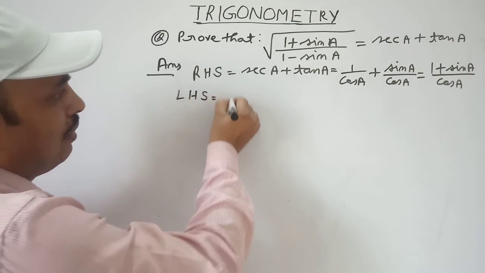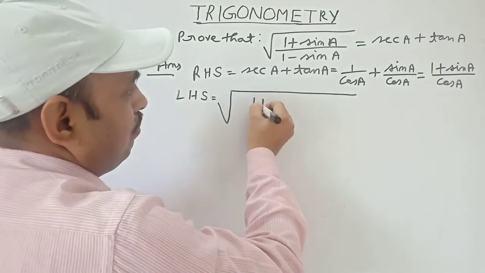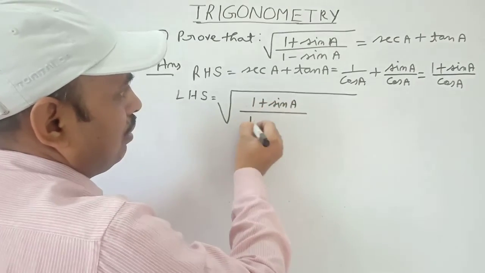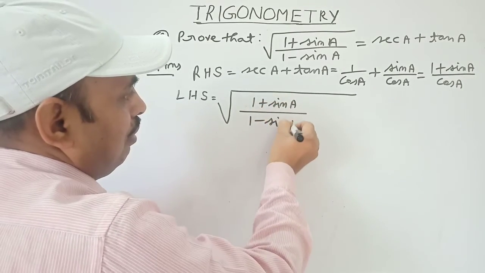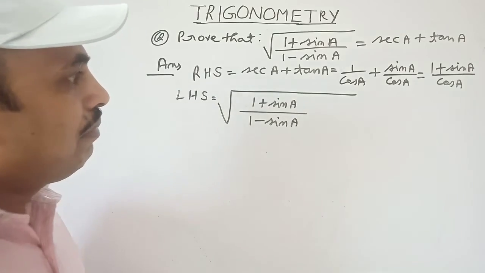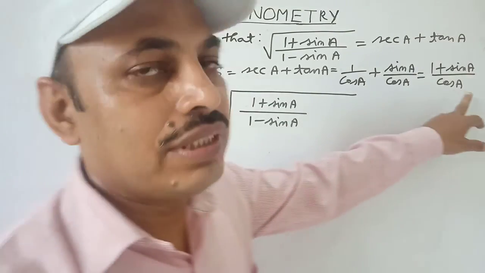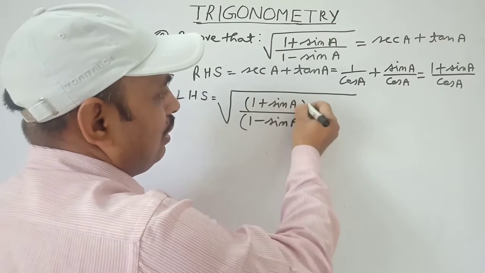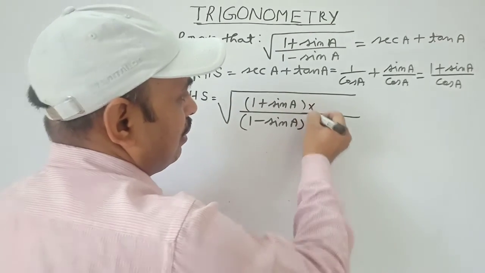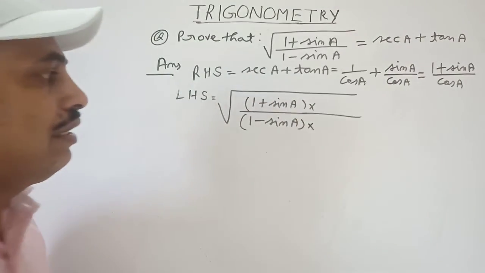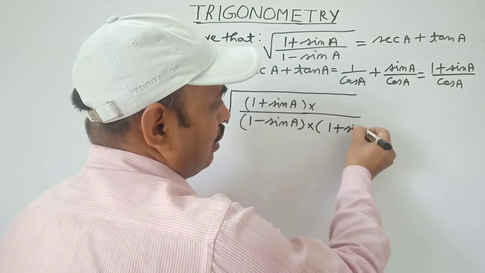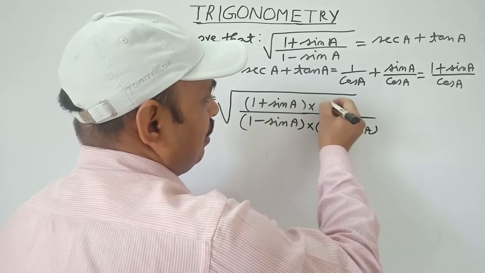LHS is 1 plus sin A upon 1 minus sin A. We have to change sin A into cos A. So we will multiply in the numerator and denominator by 1 plus sin A.